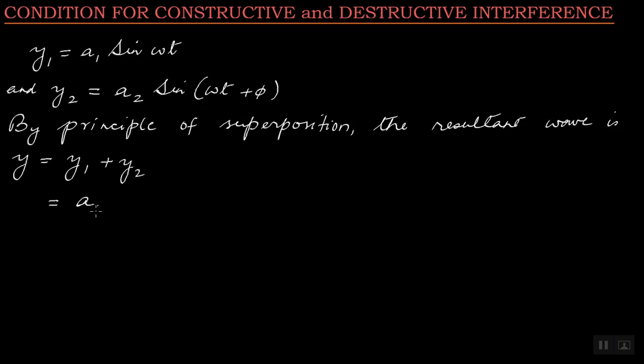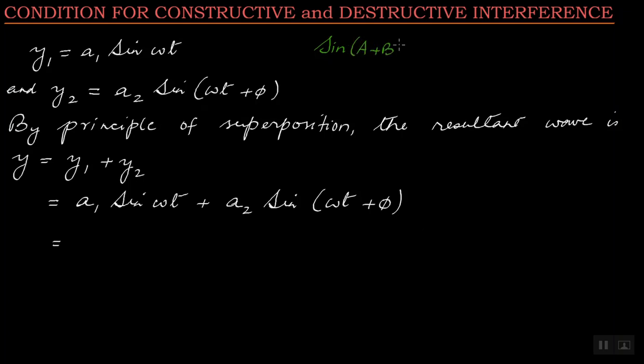Alright, so y1 here is a1 sine omega t from the above equation, and y2 here is a2 sine (omega t plus phi). Okay, I think you are familiar with this trigonometric expression sine (A plus B). What is sine (A plus B)? This will be sine A cos B plus sine B cos A.